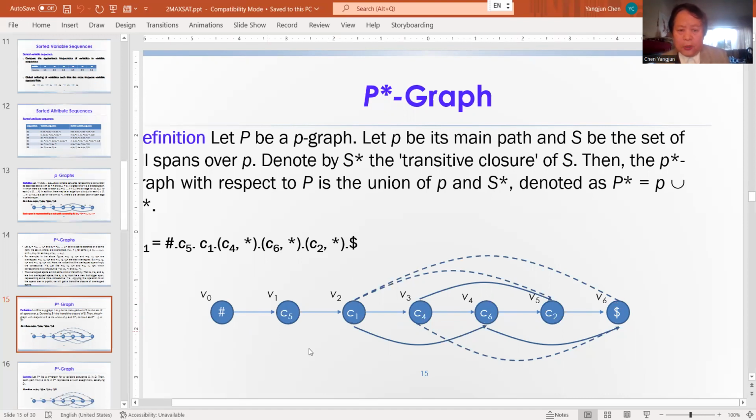Then, for a conjunction like this, we can generate a P-star graph like this. This graph is very important because each path in this graph represents a truth assignment under which the corresponding conjunction evaluates to true.